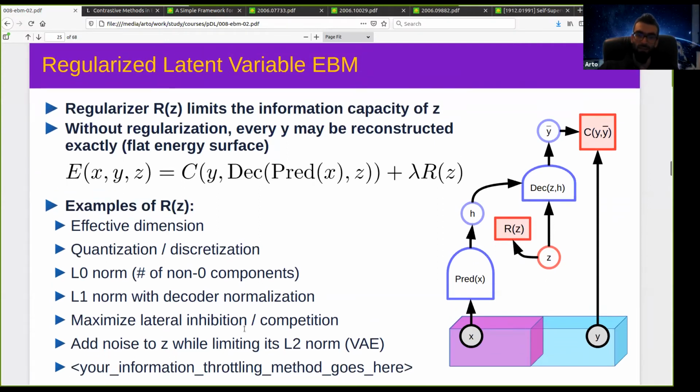And another important and popular way to restrict the information capacity of z is to add noise. So instead of having a deterministic z, we sample from some distribution of possible z's, and also we limit the L2 norm of z, and this results in a variational autoencoder, which we will consider later.